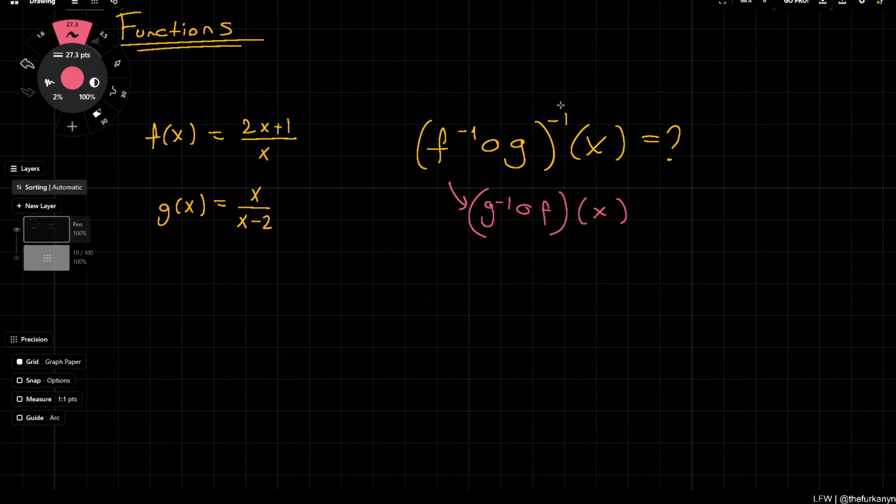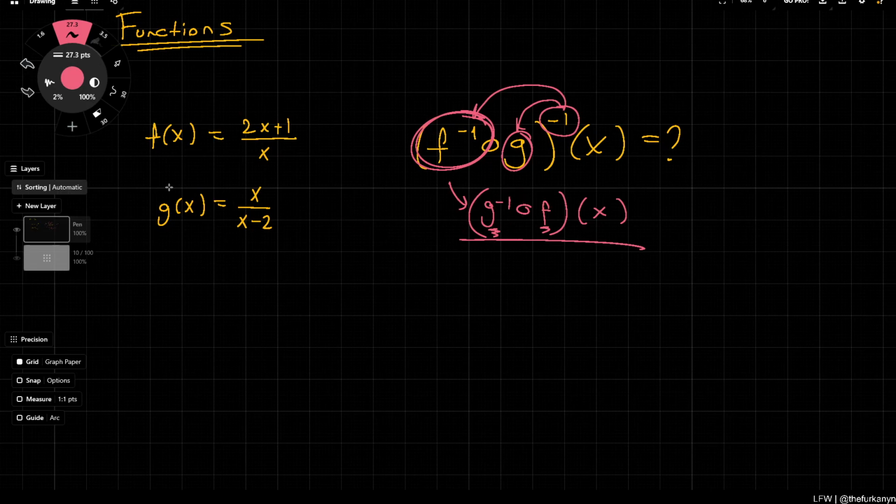It affects first this and it affects until this. So the -1 makes the f function normal and makes the g function -1, actually the opposite of the g function. So the question wants us to get the opposite of the g function.